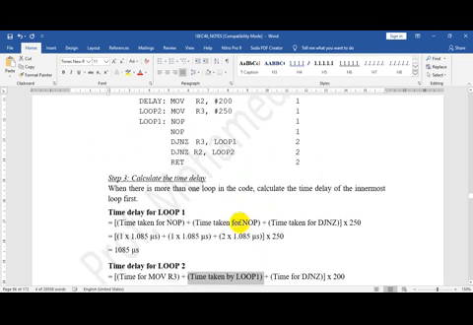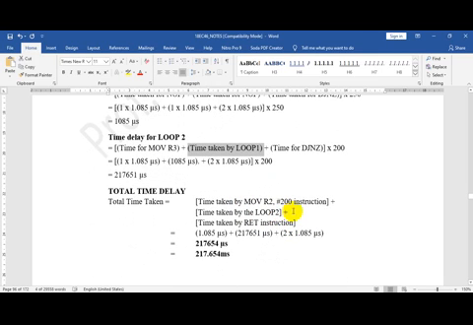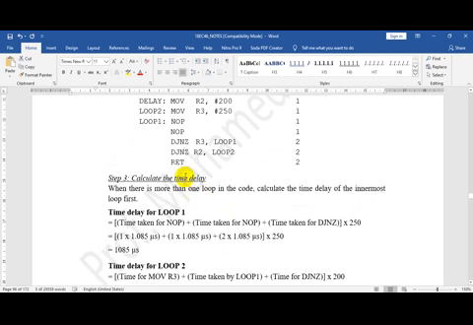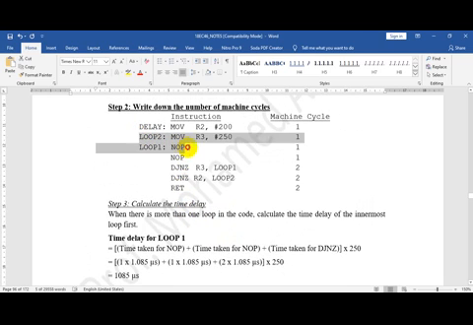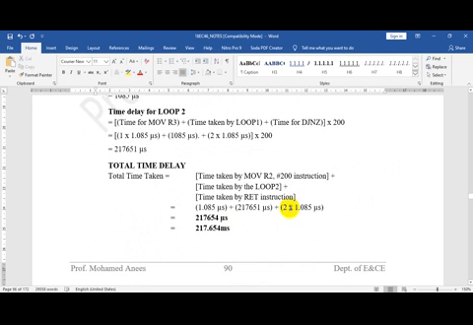That's why I have not written it again here, and you should not write it. So when you write the time taken by loop 2, loop 2 also contains loop 1. Plus the time taken by the RET instruction, what you get is 217.654 milliseconds. Okay, thank you.